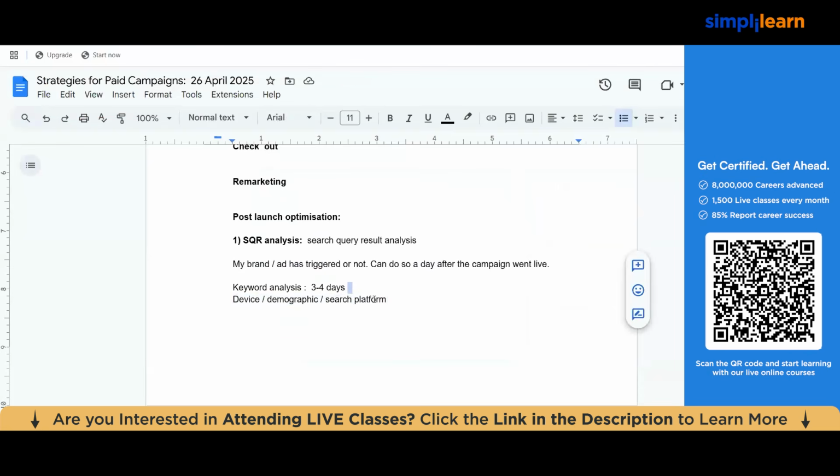You can also do ad optimization at this stage, once your campaign is ready. You can check which of the ad copies or headlines, if you remember the Google ads that we have created, is performing better and delivering better results.